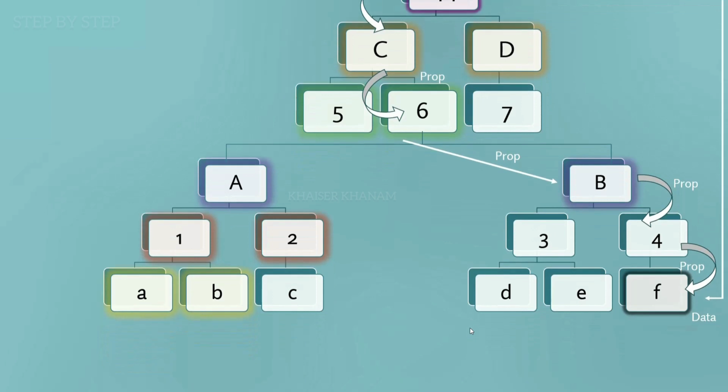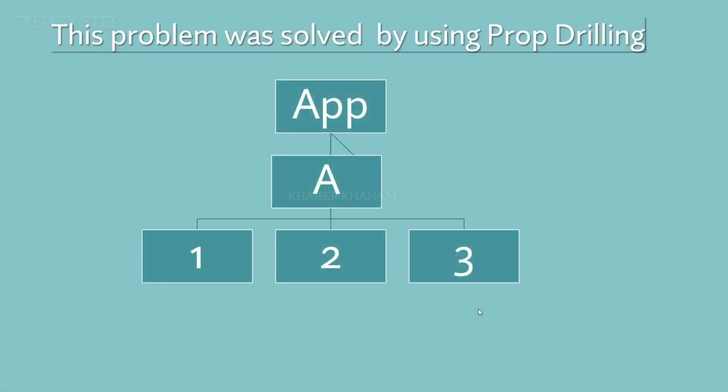So this problem is addressed in React by using prop drilling. In prop drilling, what happens? Our main data will be stored inside the app component. Whatever data we have will be stored directly inside the main component, that is, the parent component. Now, whichever component wants the data cannot get it directly from app; the data should be sent as a prop.